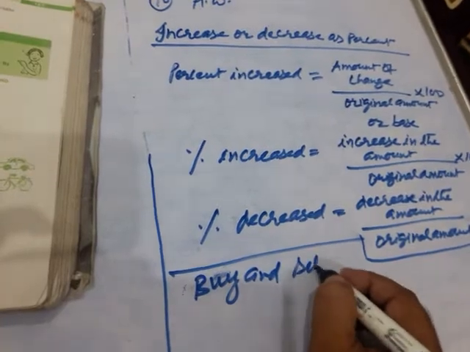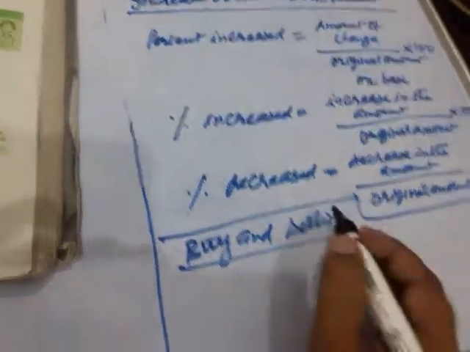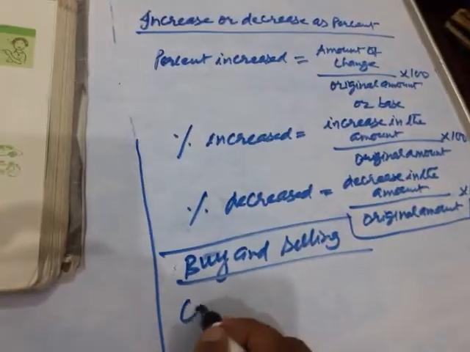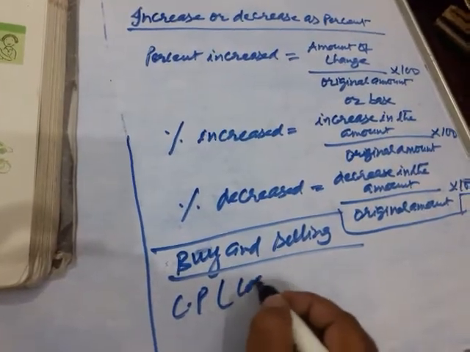Buying and selling. What is CP? CP means cost price.